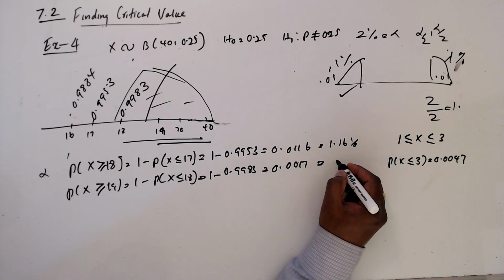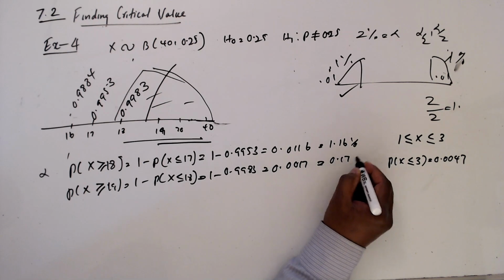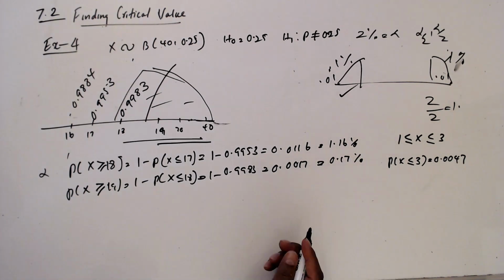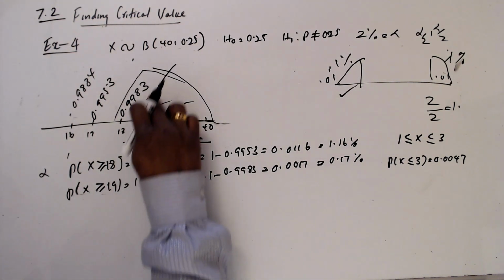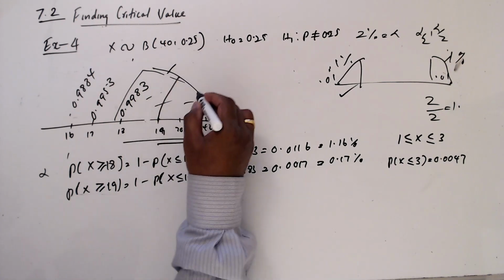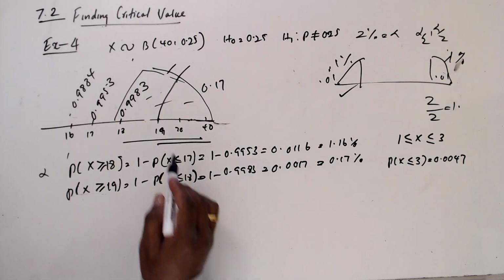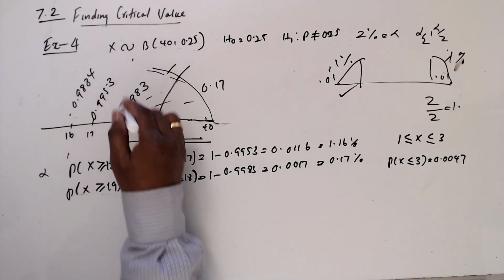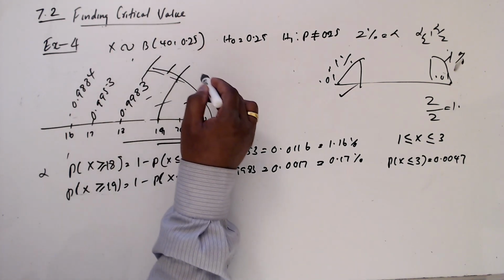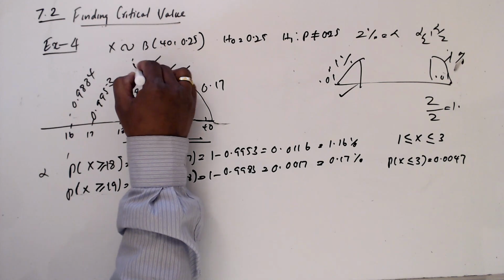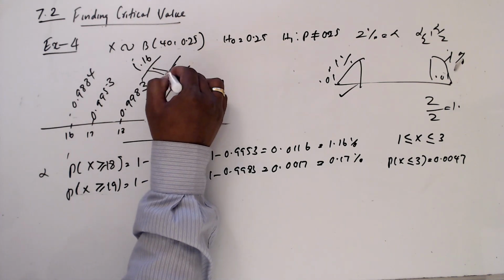It means 0.17% as a percentage. 19 or more is going to be 0.17%, but if we jump to 18 or more, this is going to be 1.16%, so we need 1%.